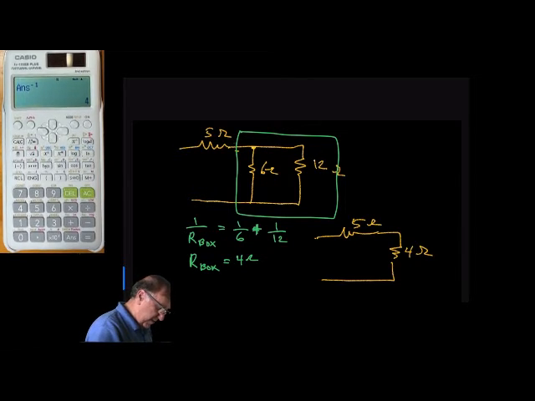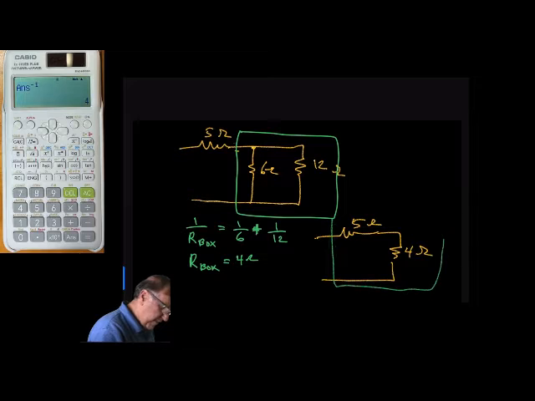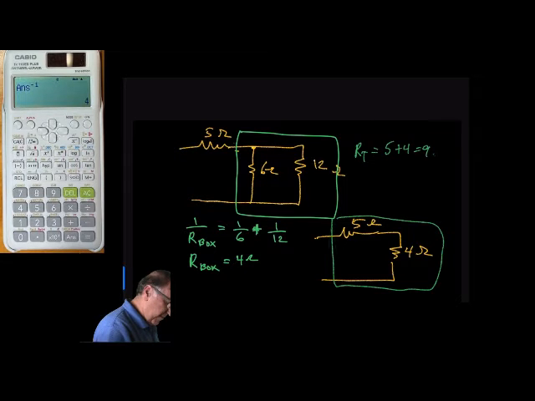And so we draw another box around these 2 resistors. And so now what we can say is our total equals, these 2 resistors are basically in series, 5 plus 4, and that equals 9 ohms.